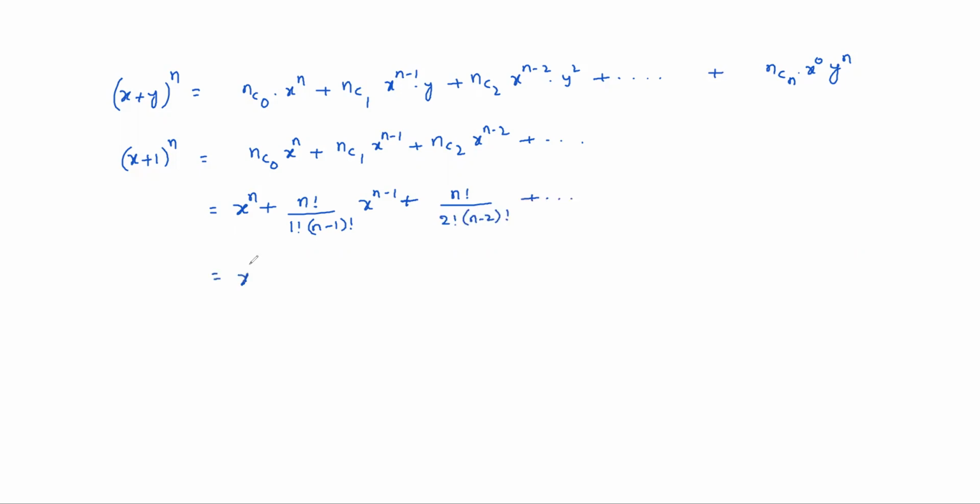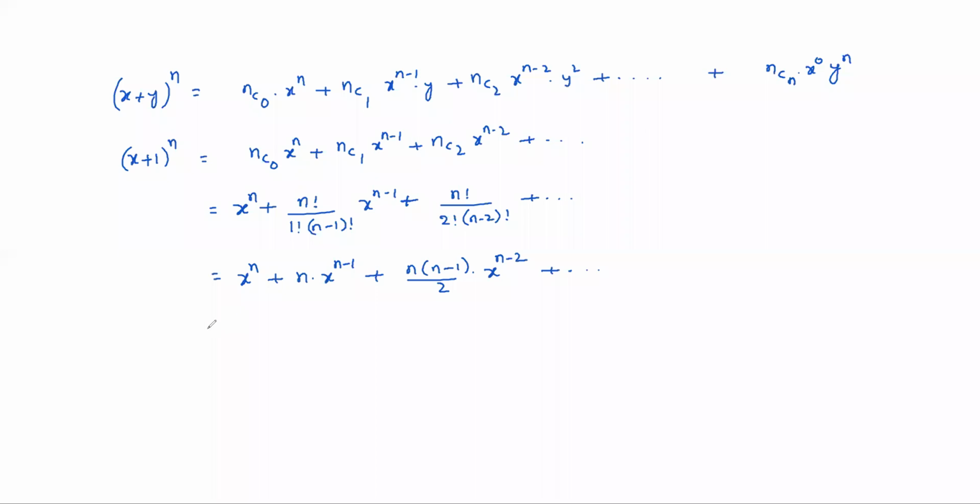That equal to x power n plus n factorial by n minus 1 factorial is n, into x power n minus 1 plus n into n minus 1 by 2 into x power n minus 2, and so on.